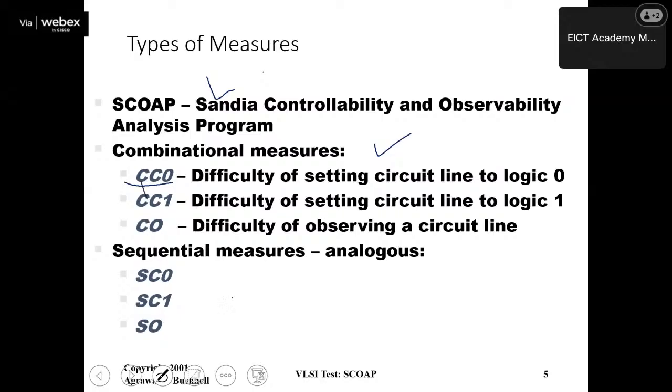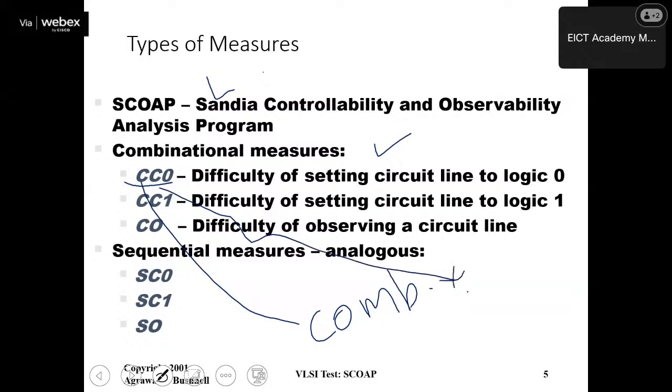The first C stands for combinational, the next C stands for controllability, and the 0 means controlling that particular line to 0. CC1 means you are going to control that particular line to 1. Likewise, there is combinational observability.